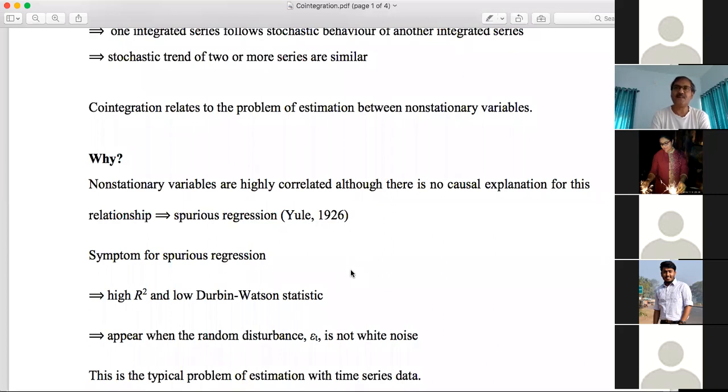So if you have a non-stationary time series, and if you try to find out the relationship between them, there is a probability of getting this kind of spurious regression. So this is the basic problem in using time series data for estimating a model. And this problem is called the problem of spurious regression.